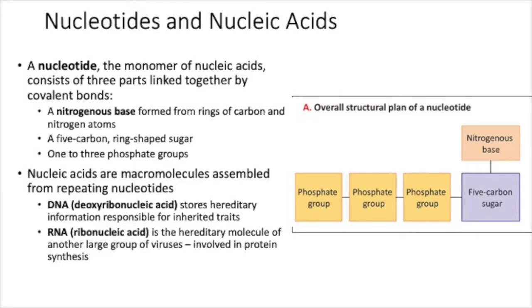Really quick, let's go through nucleotides and nucleic acids. A nucleotide is a monomer of a nucleic acid. So the nucleic acid itself is the linked together nucleotides. One nucleotide consists of a nitrogenous base, a 5-carbon sugar, that's a pentose, and 1 to 3 phosphate groups, depending on what is going on.